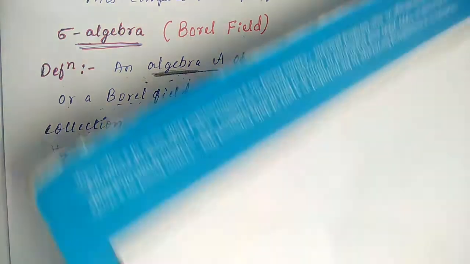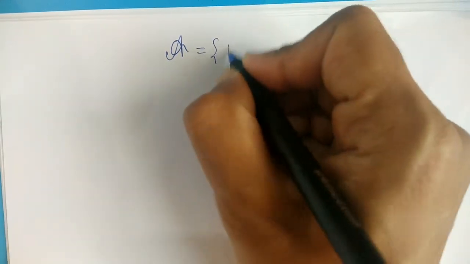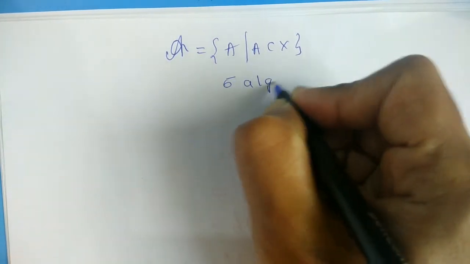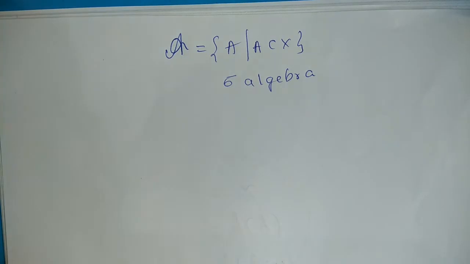So what does it say? A collection A of subsets of X is said to be a sigma algebra if it satisfies conditions.